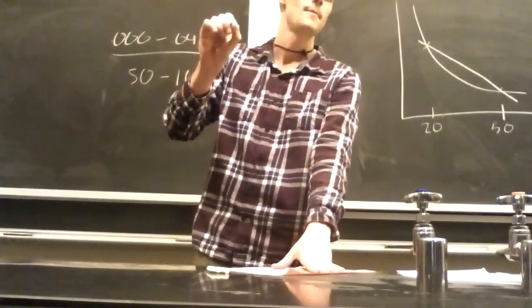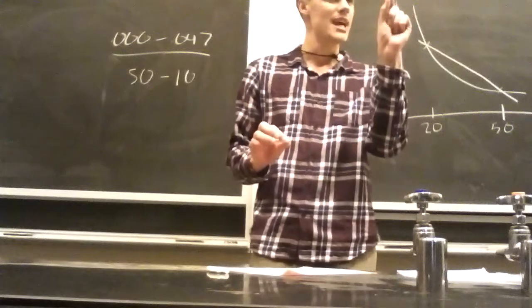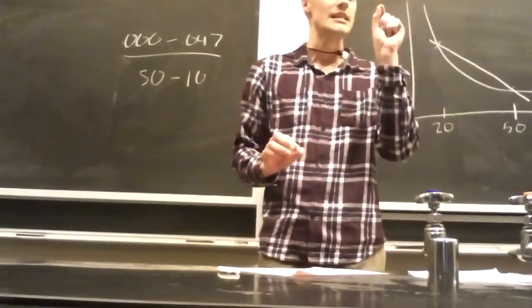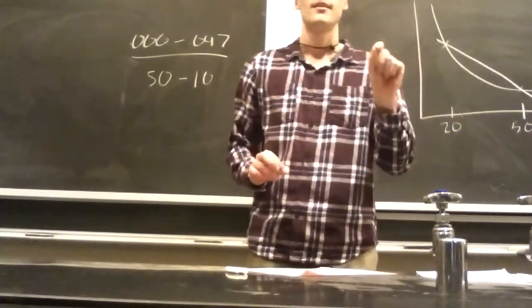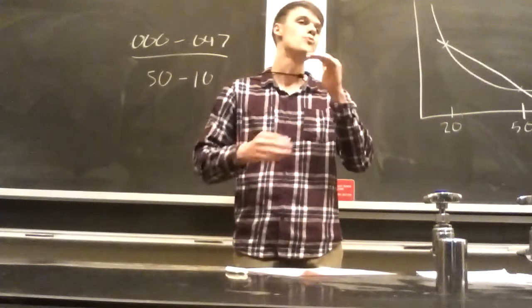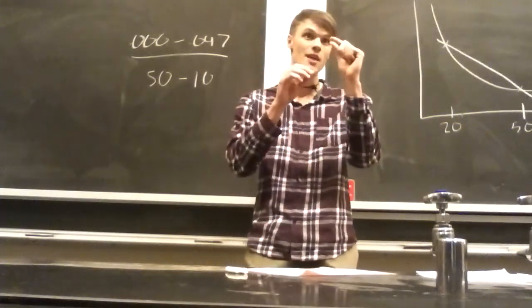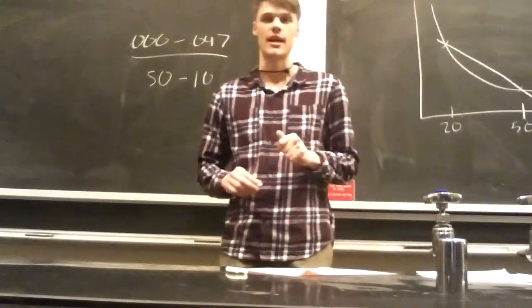Does that make sense? Then what I like to do is go anywhere on that graph where it makes a nice point, where it's an exact value that's easy to read, and that's my point. That way there's less room for error, less room for you to miscalculate or misjudge where that line actually is on the y-axis or the x-axis.